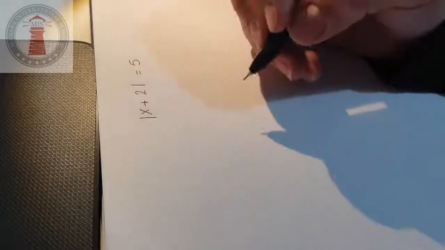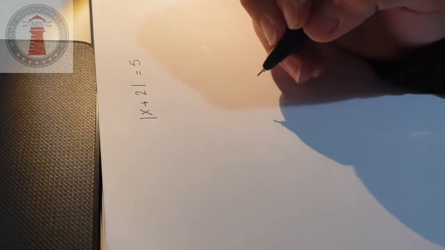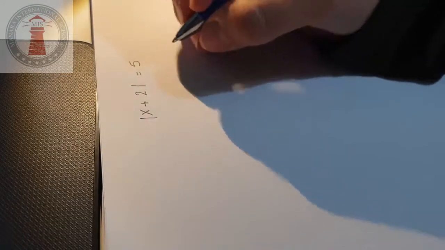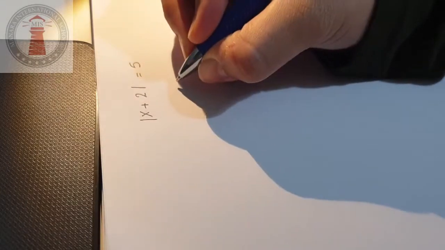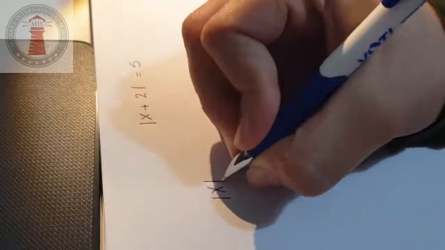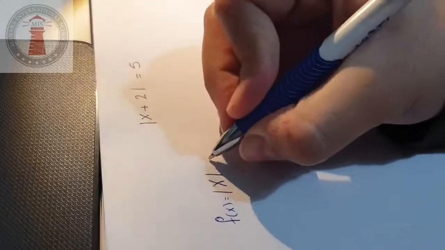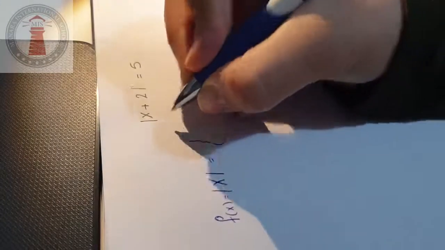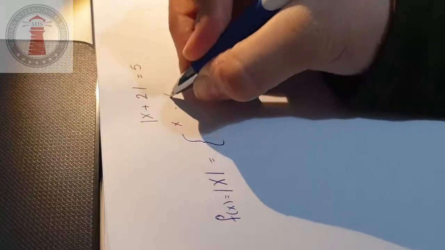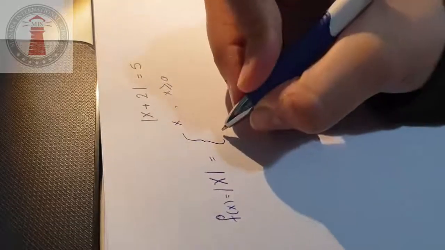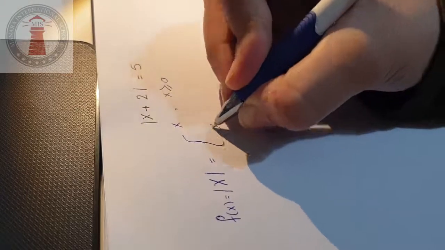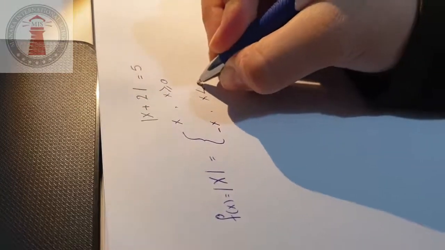Now this is not just a normal equation that we're going to solve for x. This is an absolute value, so we're going to use first the original form of writing an absolute value. We already said that the absolute value of x, that's f of x, equals x if x is greater than or equal to 0, and it's equal to negative x if x is less than 0.